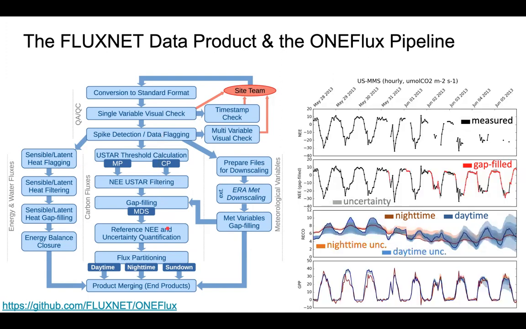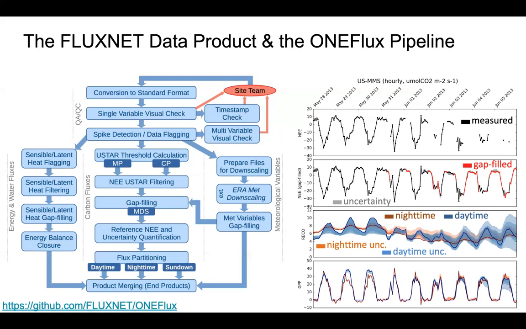And another aspect that is really important for this processing is this addition of measures, or estimates, I should say, of uncertainty associated with these products. So for NEE, it's a little hard to see, but I just added here a little bit of an area of uncertainty there. But also for respiration and GPP, we have these uncertainties that are being estimated and propagated through all of these products.